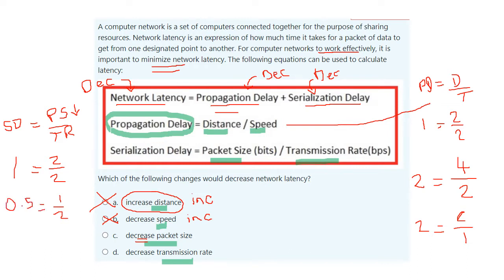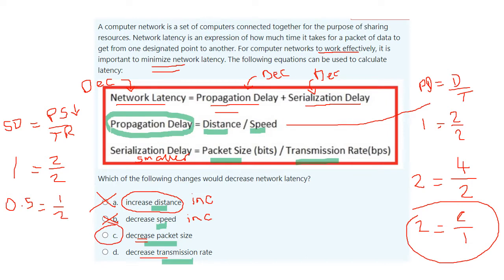So this would make the serialization delay smaller. If we decrease the transmission rate, it would be the same as decreasing the speed. It would make the serialization delay larger. So the correct answer is answer C.